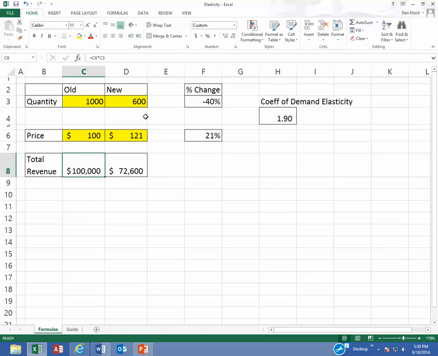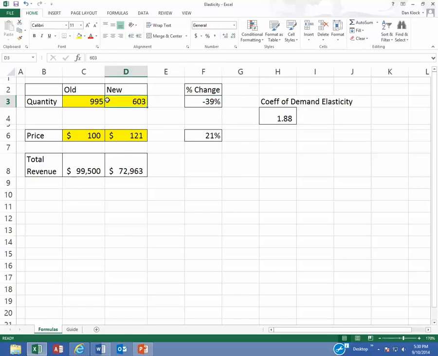You're going to have to create the formulas with a calculator to come up with this coefficient of demand. I might have something like this instead of the quantity 100. I'll have the quantity 995, the new quantity 603 or something. So obviously you can't do these formulas in your head. It comes out to 1.88.